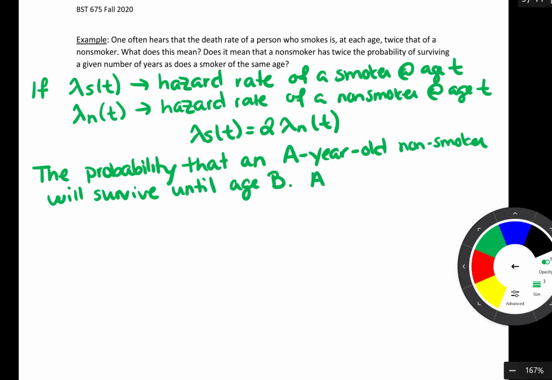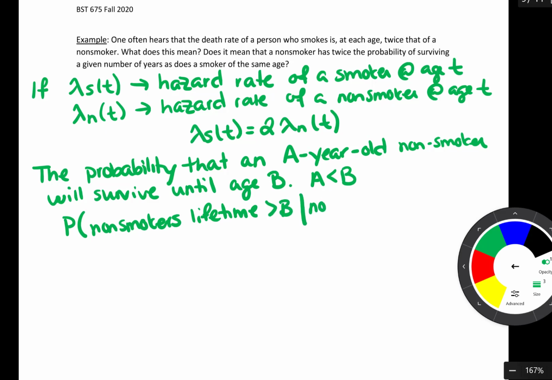And so here we're going to assume that a is less than b. So notice we could write this as the probability that the non-smoker's lifetime is greater than b, given it's already greater than a.